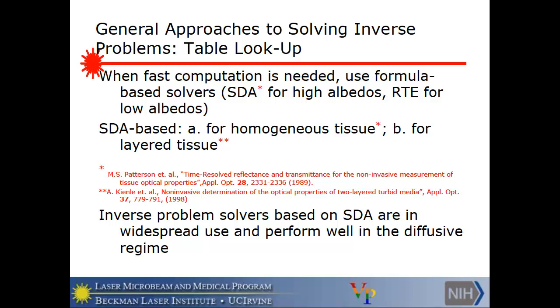When you want a fast computation, you'll want to use something like SDA because it is formula-based and is very fast. You'll want to make sure you have high albedos, high scattering to absorption, and you can use the RTE for low albedos, whether it's an approximate RTE solution method or Monte Carlo. When you have scattering comparable to absorption, you want to avoid SDA.